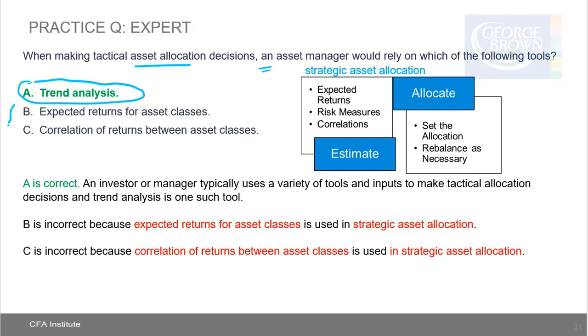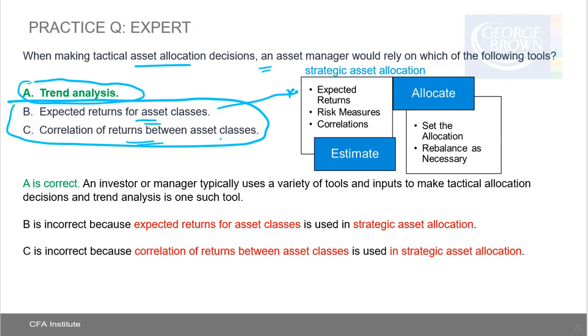Remember B and C here. This is why I say this is a nice review. Look at what B and C are being given as. Expected returns for asset classes, that's from the strategic asset allocation. Remember, we start by estimating these expected returns and the risk measures. And the correlation of returns between asset classes, yeah, we're also estimating that in the strategic. So that's why A is correct.